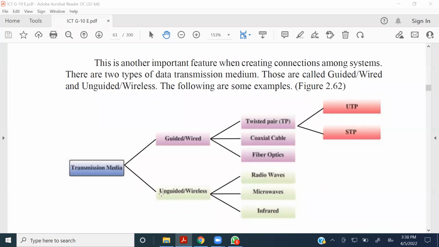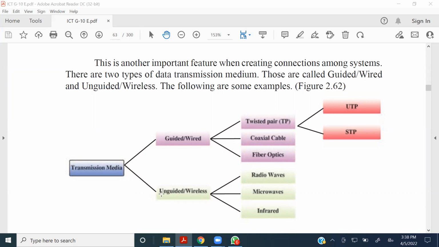And the communication that we do through a wire, which can be a copper wire or a fiber optic, or any form of wire used to do the communication, is called wired or guided communication, right?